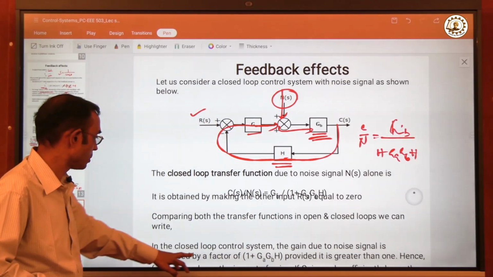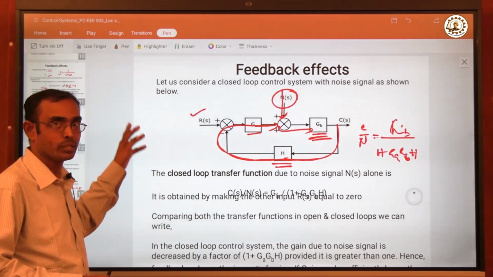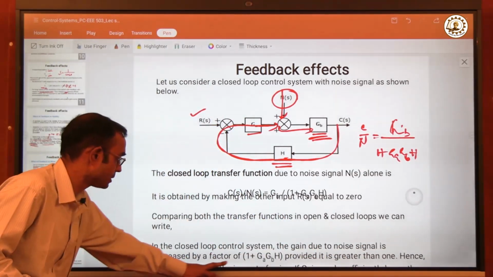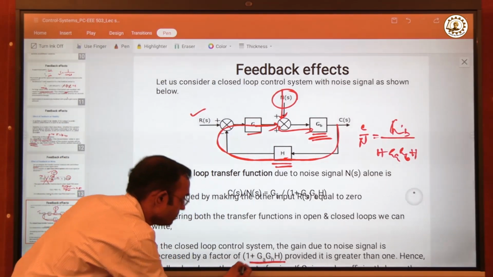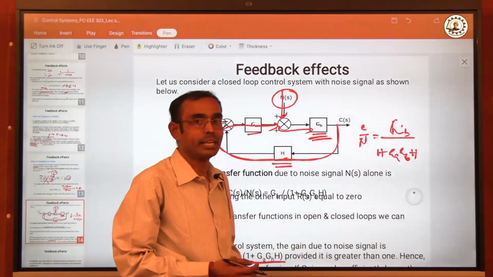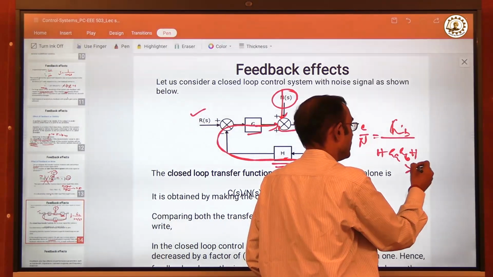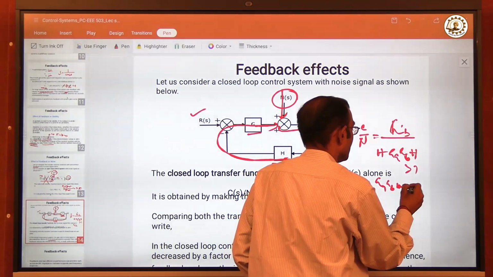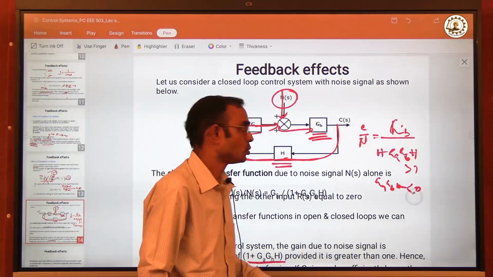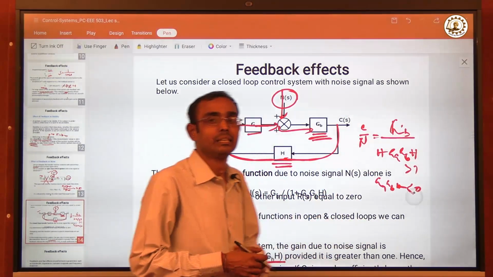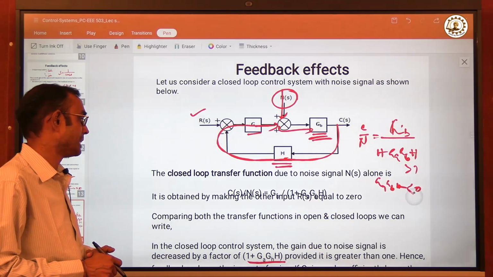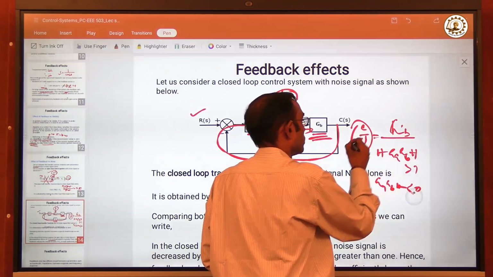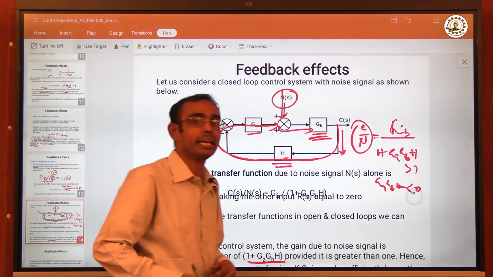So in the closed loop control system, if we compare with its open loop, the gain due to noise signal is decreased by a factor 1 plus GA GB H, provided it is greater than 1. If 1 plus GA GB H is greater than 1, that means C by N is decreased.